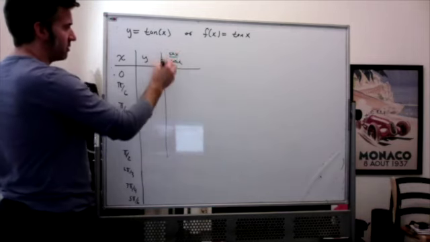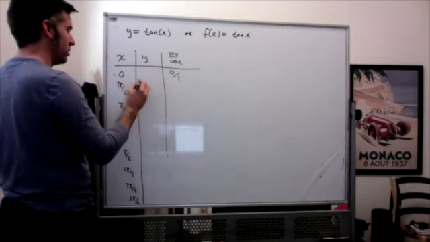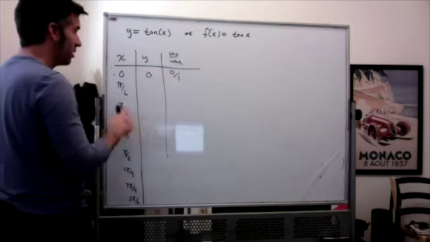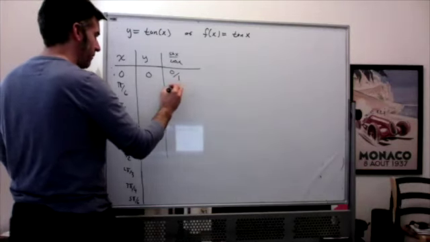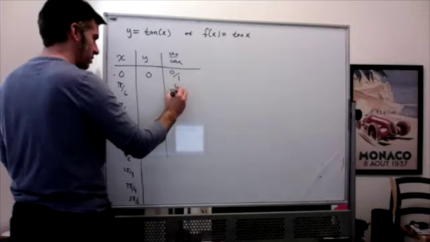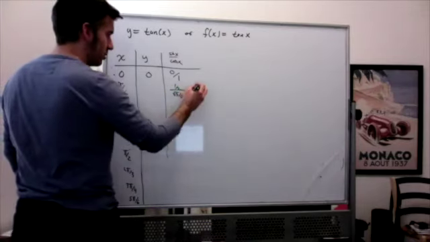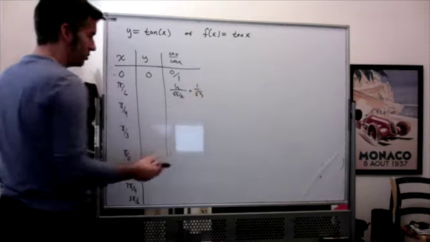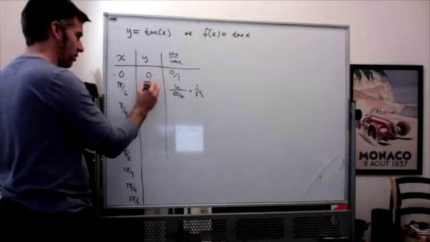I know that sine of 0 is 0, cosine of 0 is 1, so tangent of 0 is 0. For pi over 6, sine of pi over 6 is 1/2, cosine of pi over 6 is the square root of 3 over 2. The 2's cancel, that becomes 1 over root 3, which we often rationalize as the square root of 3 over 3.